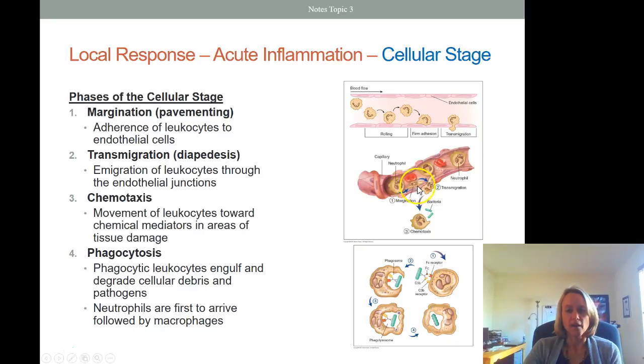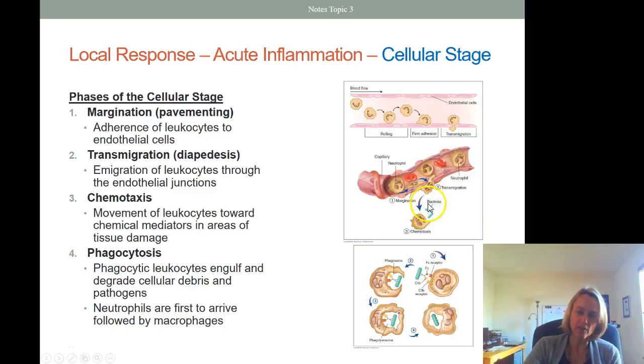Then they will be attracted by chemotaxis, that's by chemical mediators, to the area, and they will squeeze through via diapedesis or transmigration of junctions between endothelial cells in the endothelium.